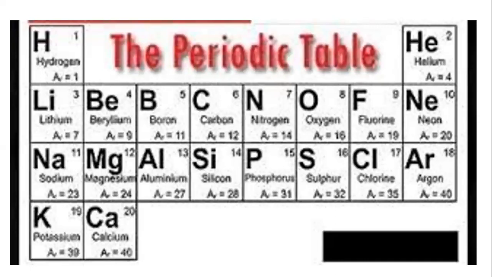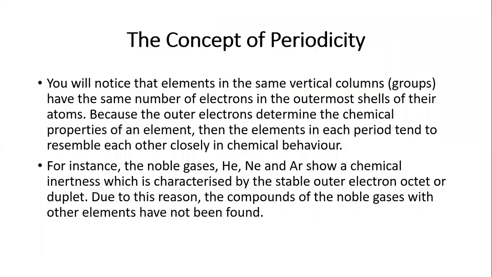Now, the electronic configuration of each one of these first 20 elements, you see that there's some kind of repetition in the same elements in the same groups and periods. Now from there as well, we get the concept of this periodicity. Now you notice that the elements in the same vertical columns, these are the groups, have the same number of electrons in the outermost shells of their atoms.